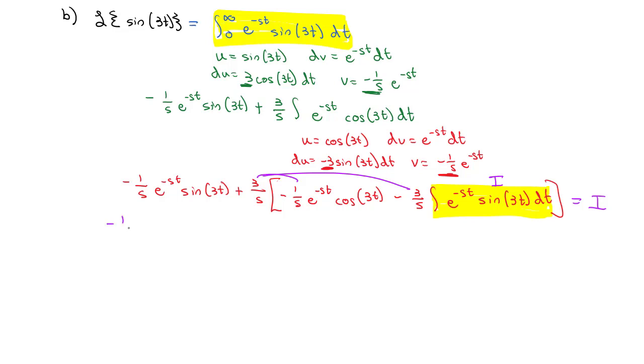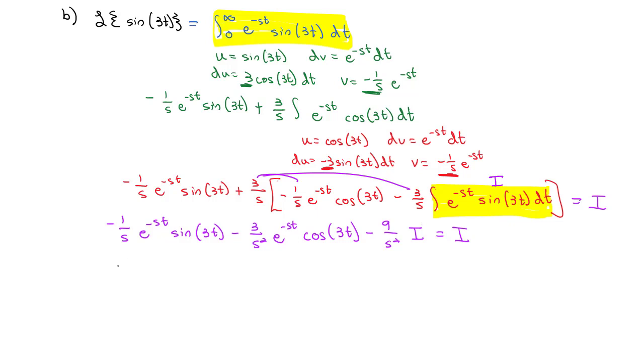So when I do that, we get negative 1 over s e to the negative st sine of 3t minus 3 over s squared e to the negative st times the cosine of 3t minus 9 over s squared times our integral equals the integral.